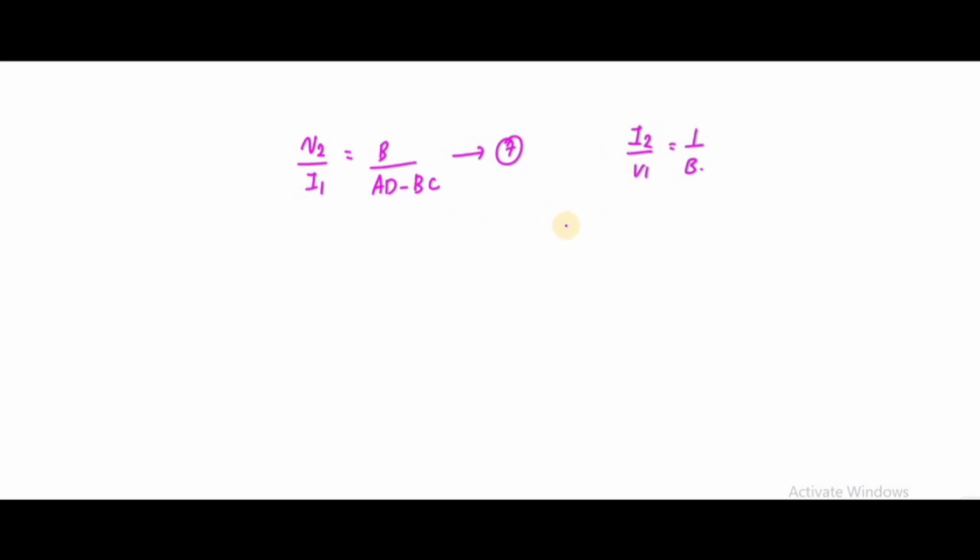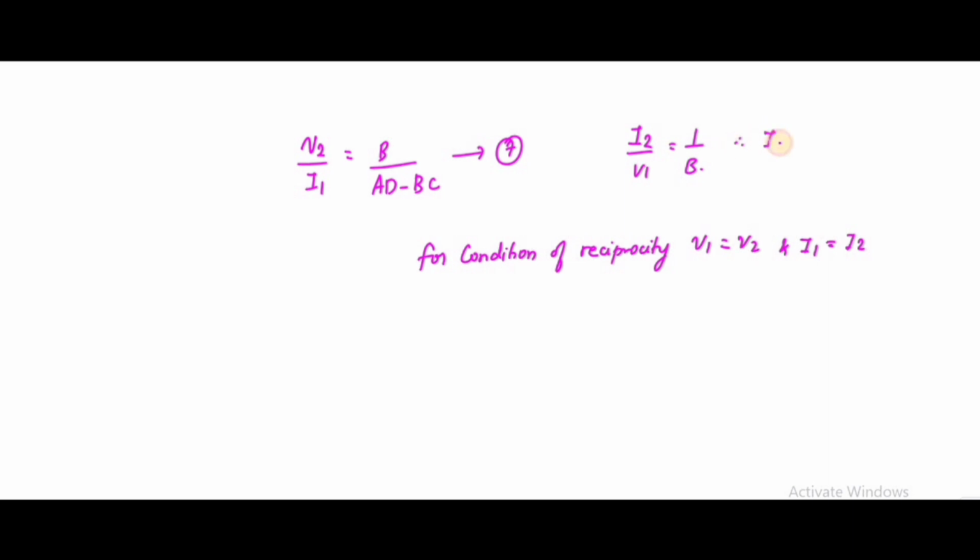The condition for symmetry and reciprocity is V1 equal to V2 and I1 equal to I2, so you can write V1 by I1 is equal to V2 by I2.